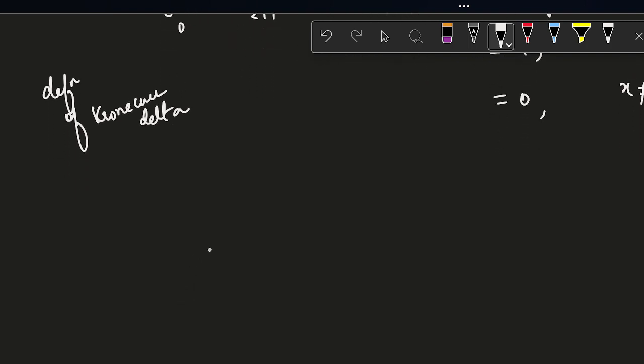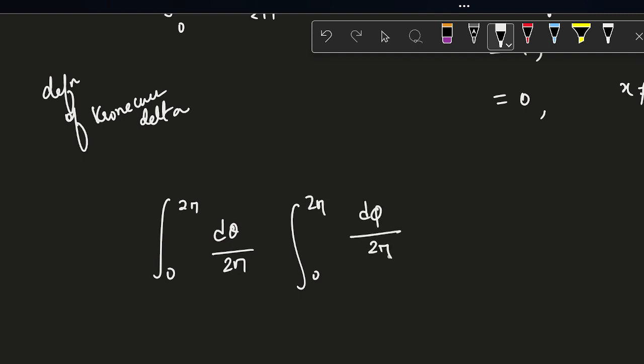Now remember that our total integral had an expression like this: 0 to 2 pi d theta by 2 pi, and then 0 to 2 pi d phi by 2 pi, and you had e to the power of i (u theta plus n phi) into this whole product term, right?